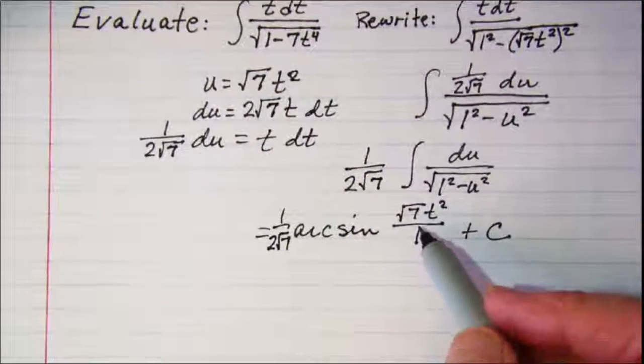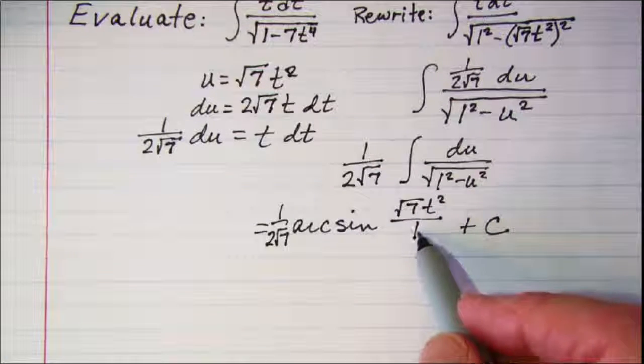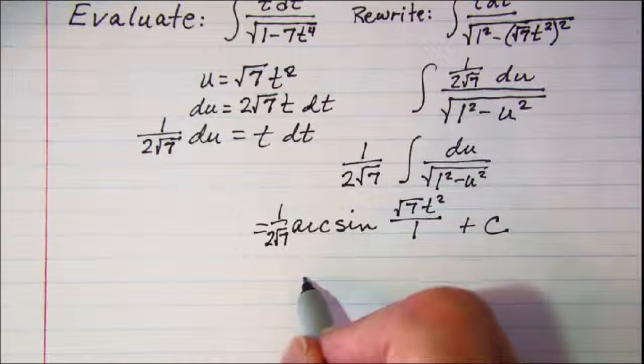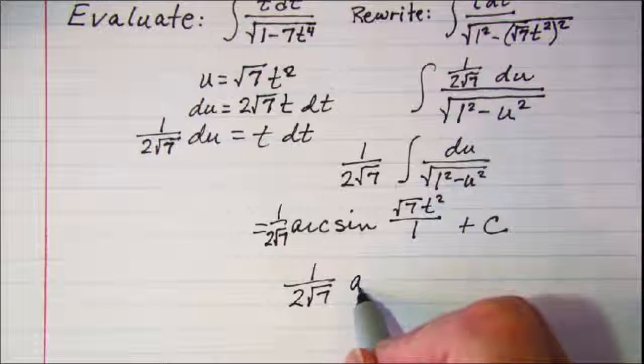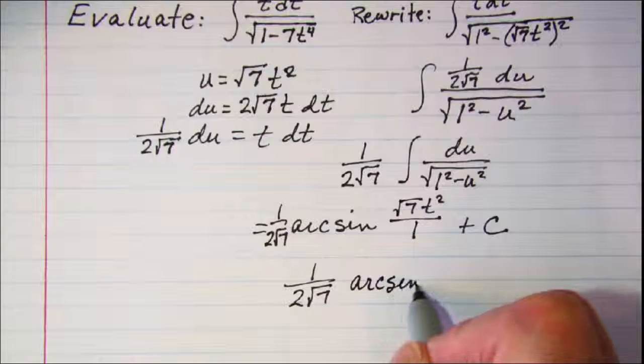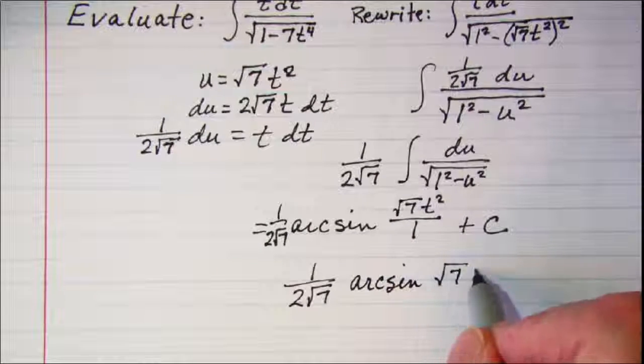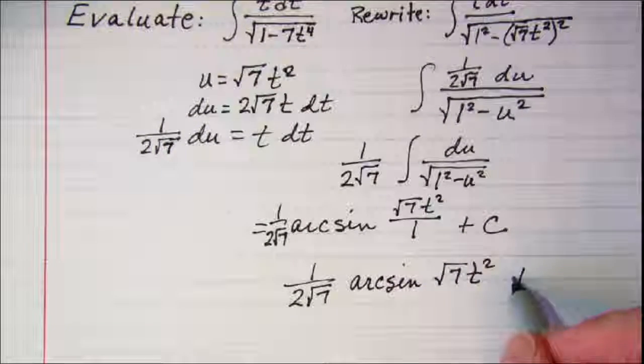So just a little bit of simplifying here. This 1 doesn't need to be written. So I have 1 over 2 root 7 arcsin root 7 t squared plus a constant.